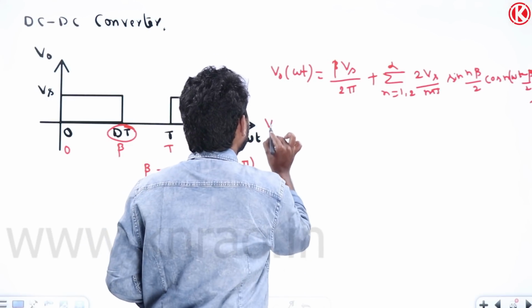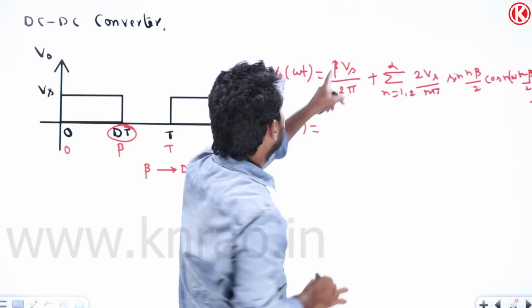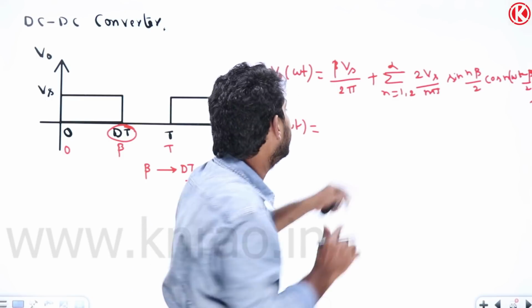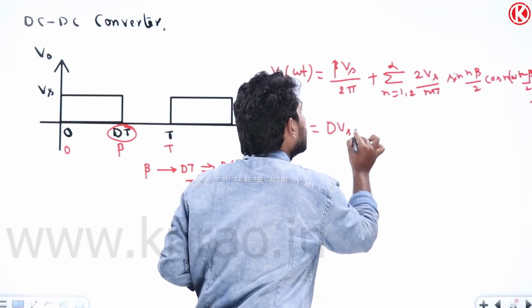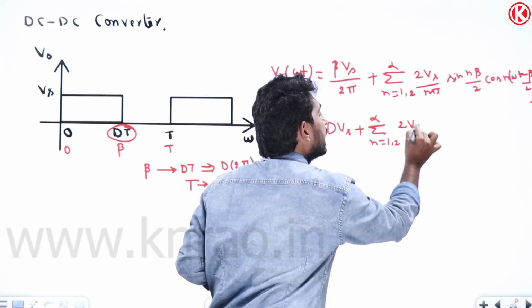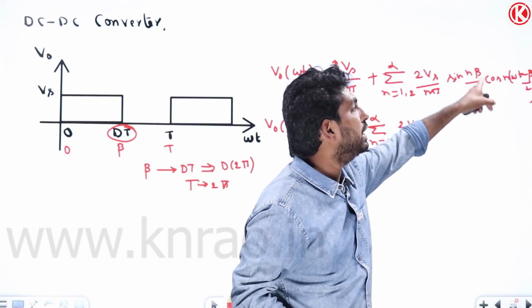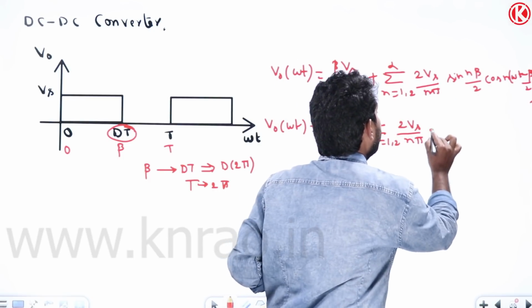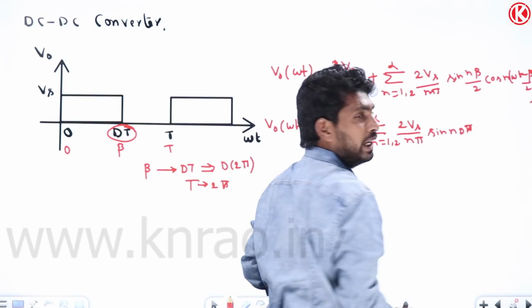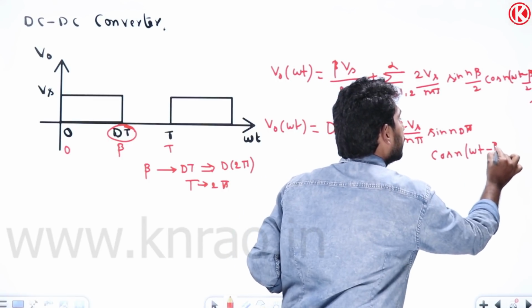So it will be V naught of omega t, which is equal to beta; in place of beta we replace D into 2 pi, so D into 2 pi divided by 2 pi equal to D into Vs. So it will be D into Vs plus sigma n equal to 1 to infinity, 2 Vs by n pi into sine of n beta divided by 2, which is sine of n into D into 2 pi divided by 2, which is n pi D, into cos of n omega t minus beta by 2.